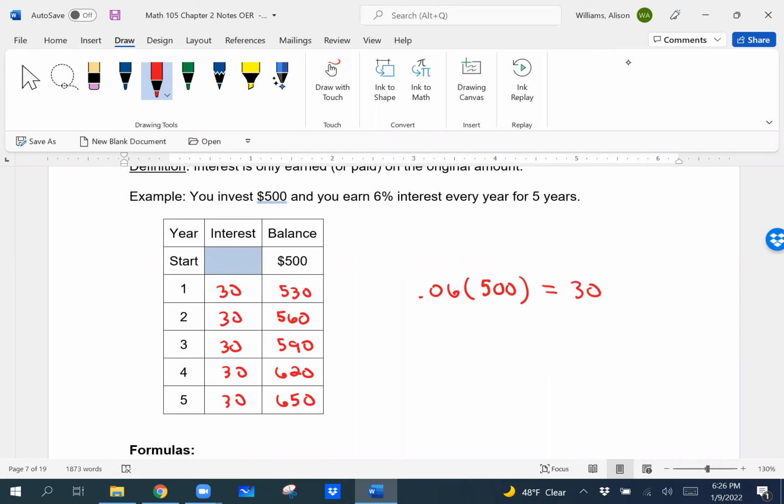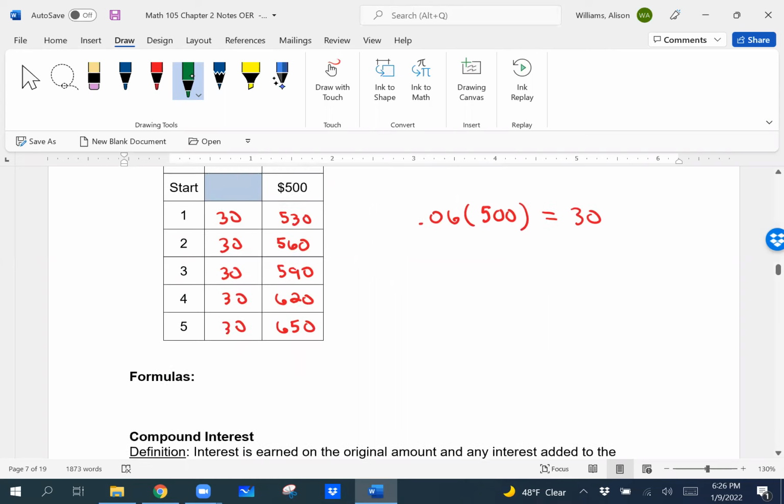Okay, but if I don't necessarily want to calculate it out like this, like if I wanted to figure out how much would be in the account in 25 years, I don't want to keep adding 30. So there's a formula, and the formula is this. A equals P times (1 plus RT). And some of us might have seen this terminology before.